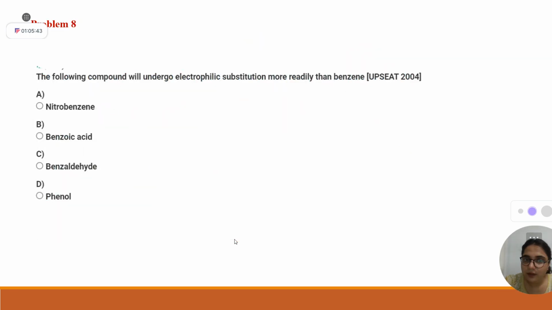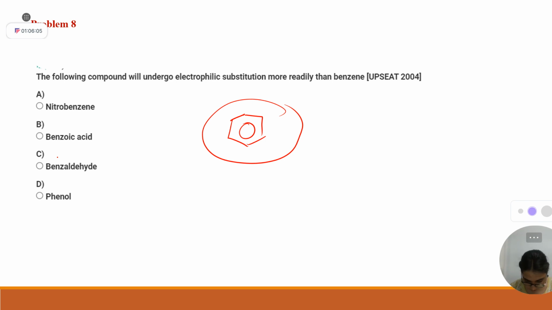Okay, now tell me, which of the following compounds will undergo electrophilic aromatic substitution more readily than benzene? They are asking which are more reactive than benzene among these four options for electrophilic aromatic substitution. Ma'am, phenol. Phenol, very good. It was a very easy question.